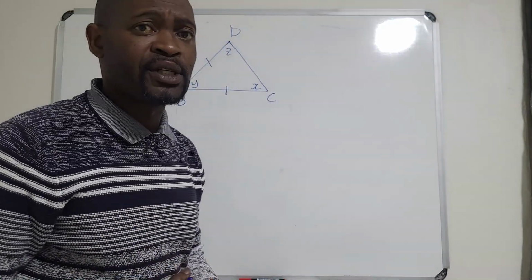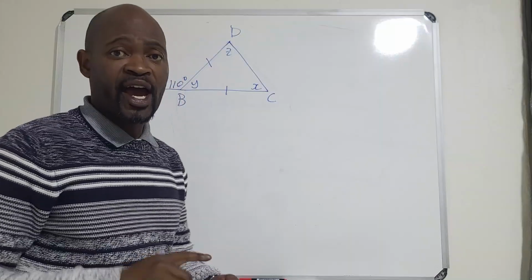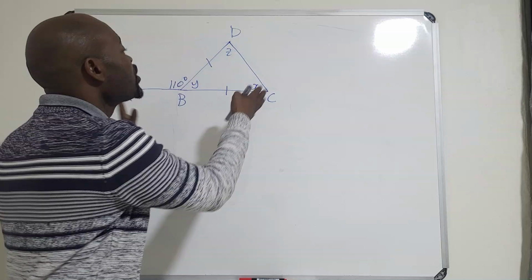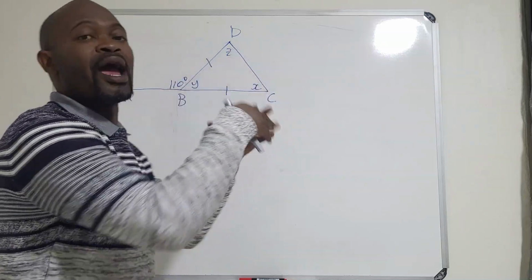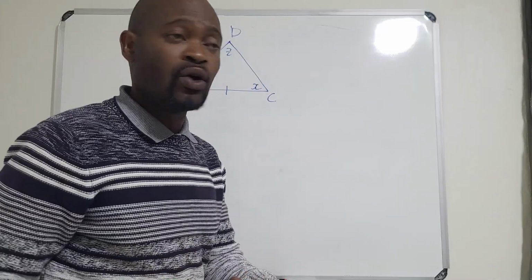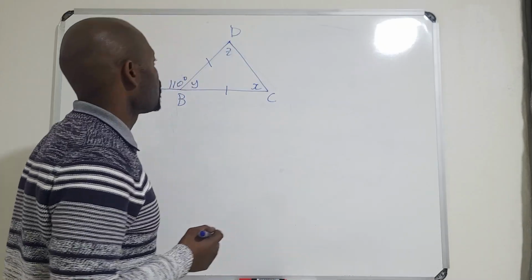And most times, if we are told to find the value of x, y, and z, we must start with x, then go to y and z. However you prefer, you can start wherever you want. It's not a problem. But I want to follow the x, y, and z. Now, this is how we start.